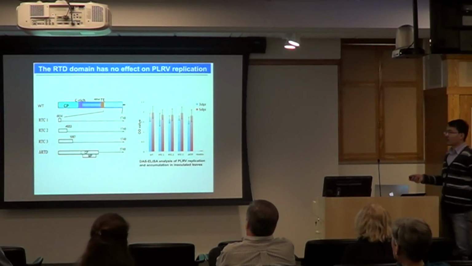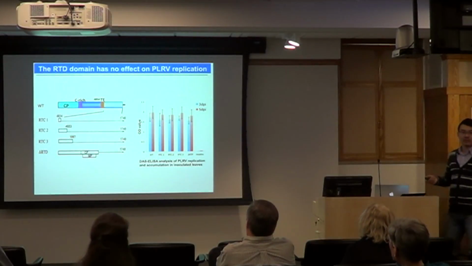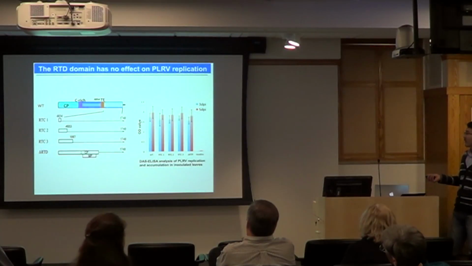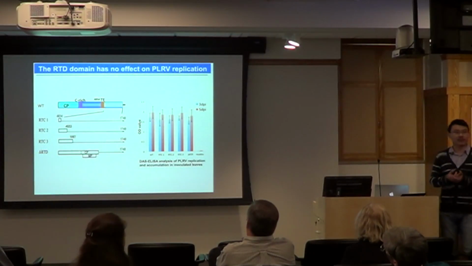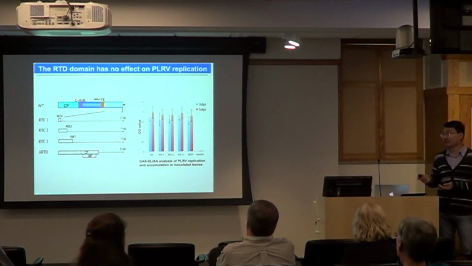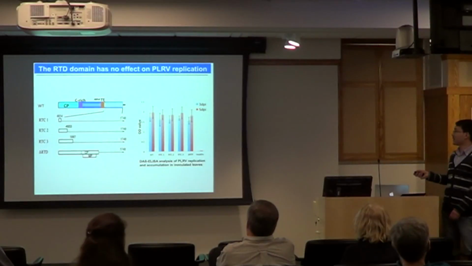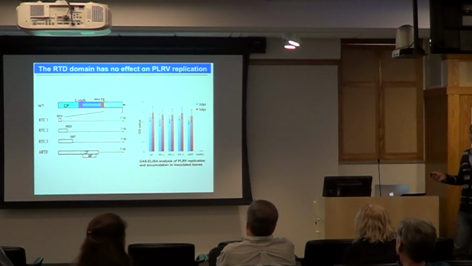To see whether the RTD domain has an effect on virus replication, a series of RTD domain mutants was constructed, in which the RTD protein was seriously impaired. As shown in this figure, we found that the RTD domain had no effect on virus replication, at both 3 days post-inoculation and 5 days post-inoculation.